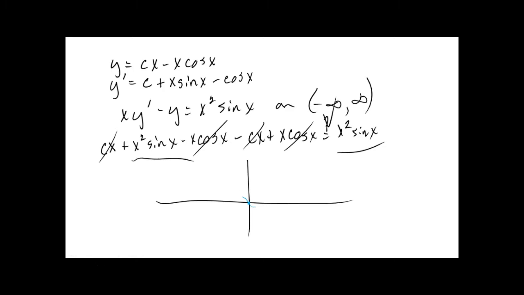Okay, let's move on out a little further away, where say x is equal to pi halves. That'll be a good first point. X equal pi halves, and we've got c is equal to 0. Remember, that's what the blue stands for, c is equal to 0. So when x is equal to pi halves, this of course is 0. Sine of pi halves is 1, so this will be pi halves.